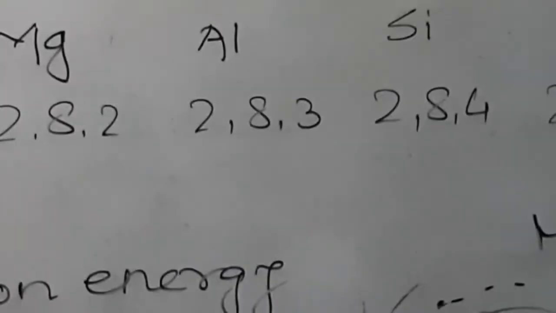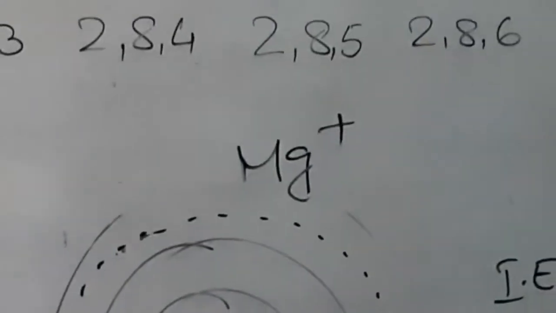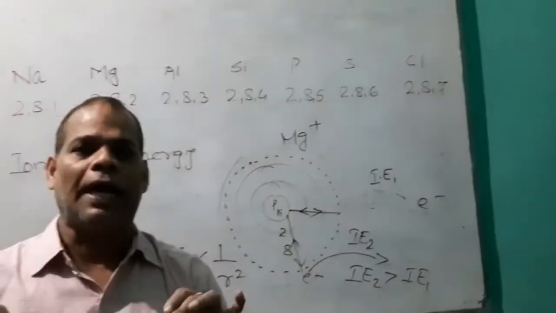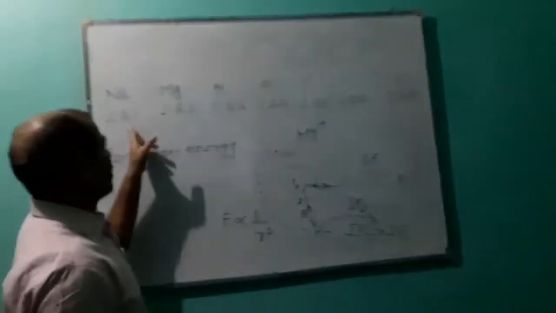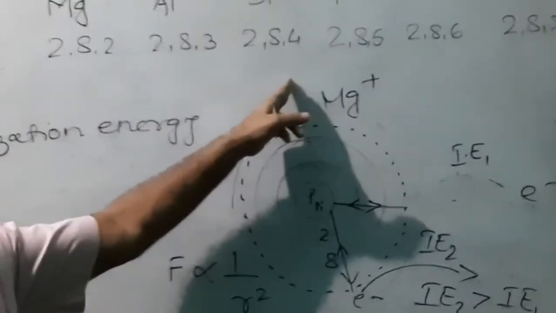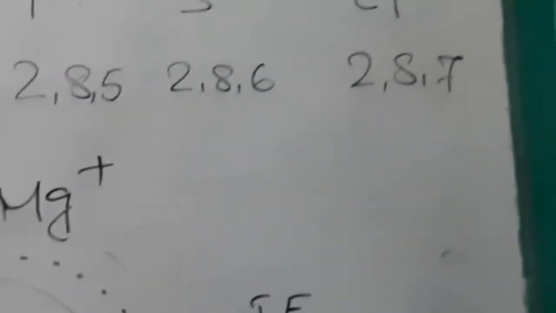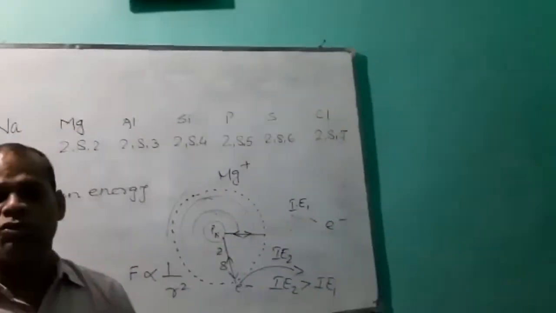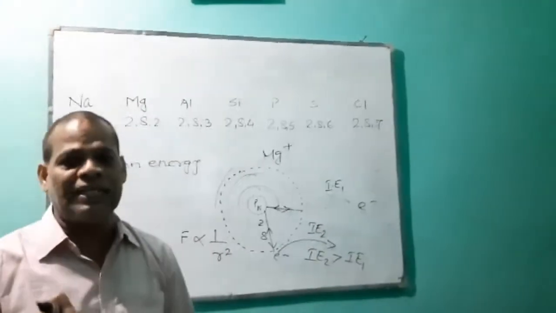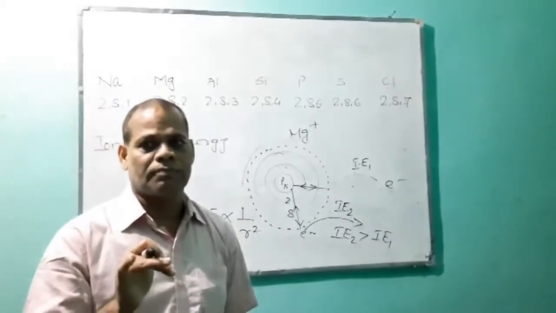Once again, what is ionization energy? The amount of energy required to remove an electron from an isolated gaseous atom. So what is the trend across the period? While moving from left to right across the period, the magnitude of ionization enthalpy increases due to decrease in the size of an atom.